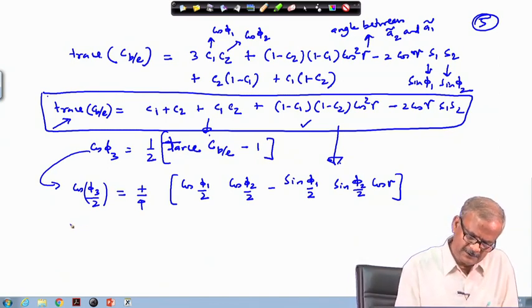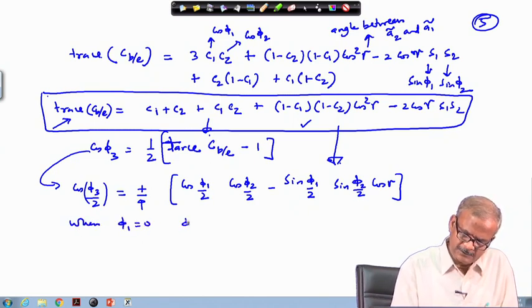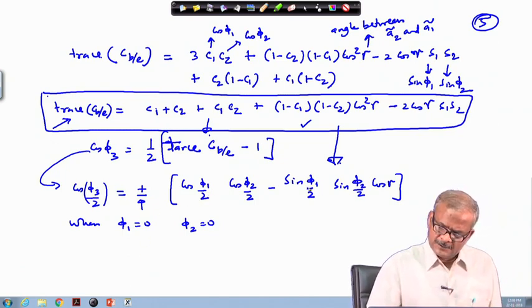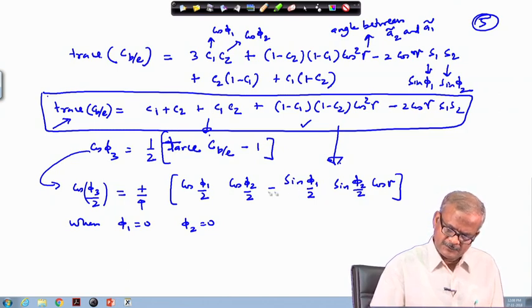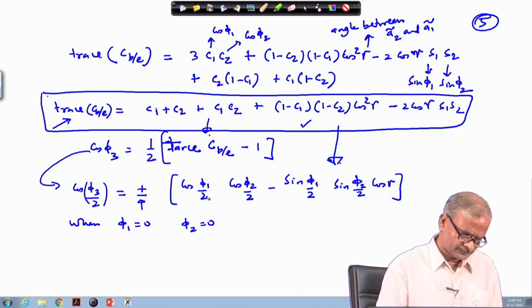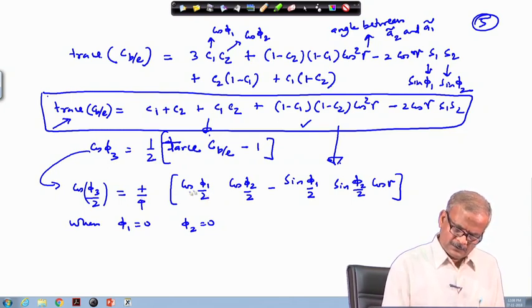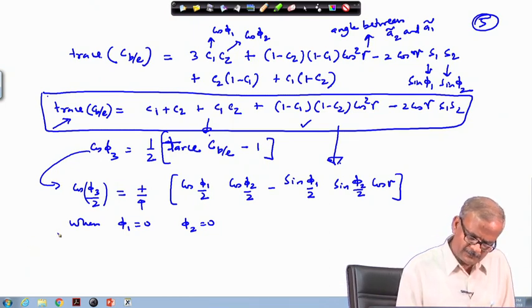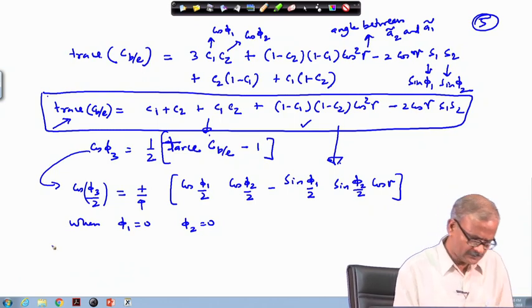So, we see that when phi 1 equals 0 and phi 2 equals 0, this part will get reduced to 0 and this part will get reduced to plus 1. Okay, and therefore the sign ambiguity existing here can be resolved.